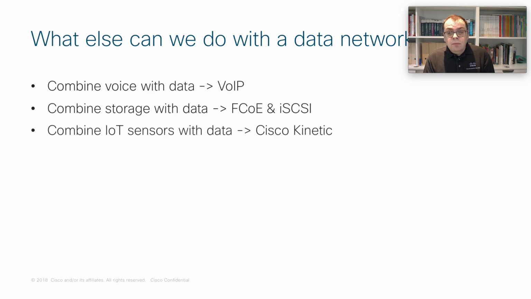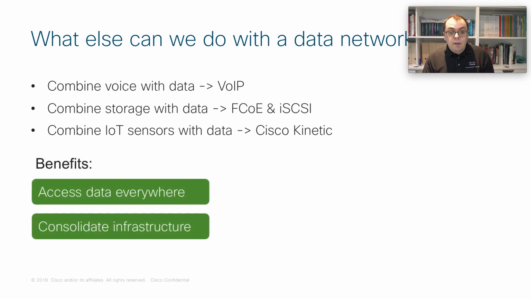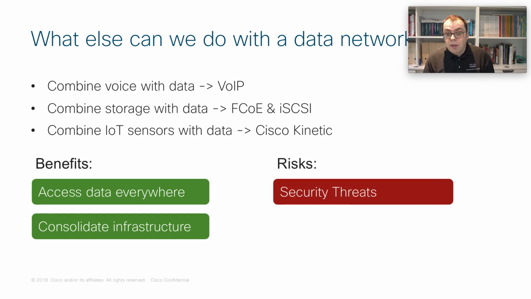And quite recently we said, okay, why not combine IoT sensors with the data network? And we came out with Cisco Kinetic and the architecture behind this. So what are the benefits? We can access data everywhere. We can consolidate infrastructure, and I'm going to show you how we do this. And then we can mitigate security risk.